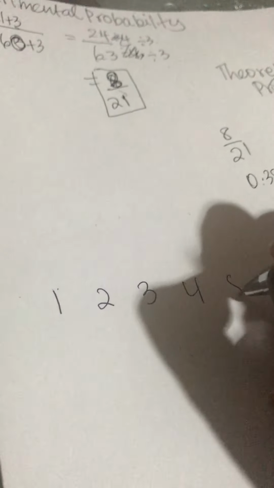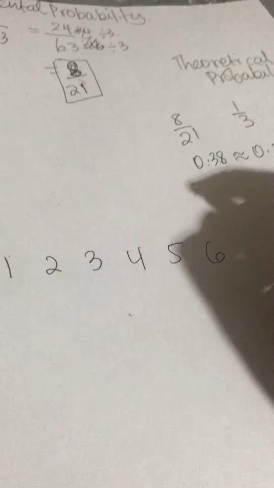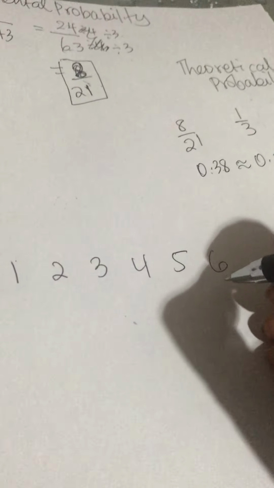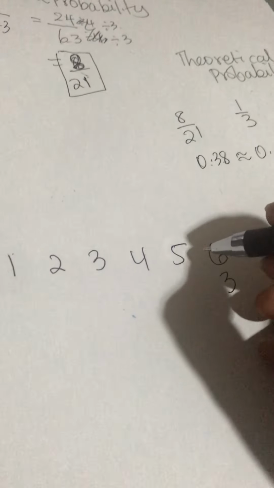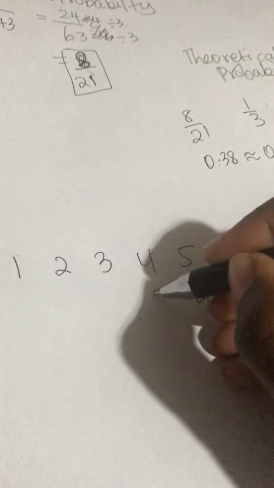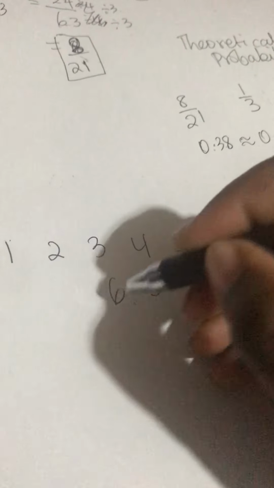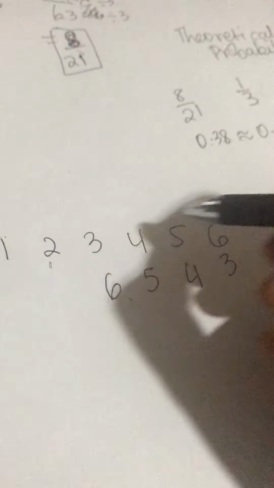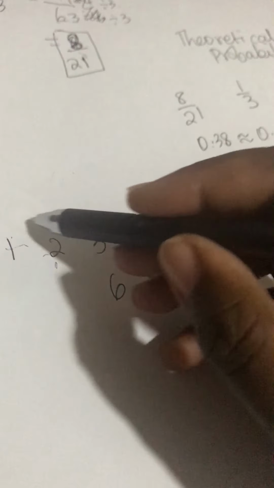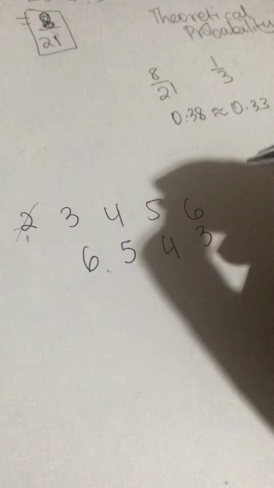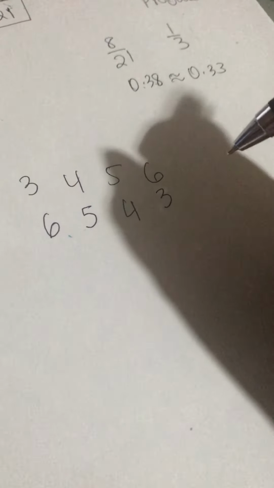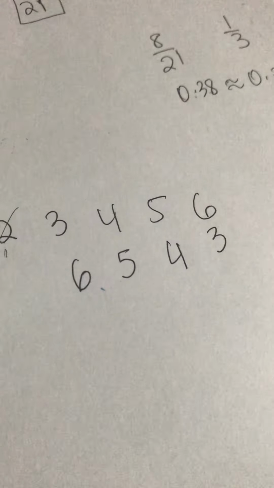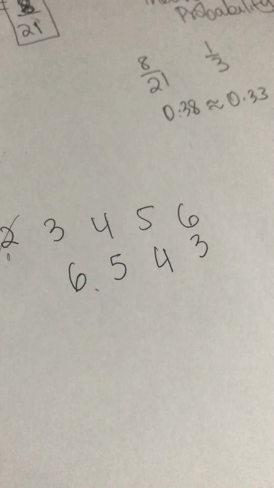Now, can we do the theoretical? Let's do theoretical. So I have 1, 2, 3, 4, 5, 6. Now to make a 9, I need a 3 here. To make a 9, I need a 4 here. I need a 5 here. I need a 6 here. To make a 9, I need a 7, so I don't have a 7 on my cube. So this is impossible, okay? So, how many numbers do I have? I have 12.